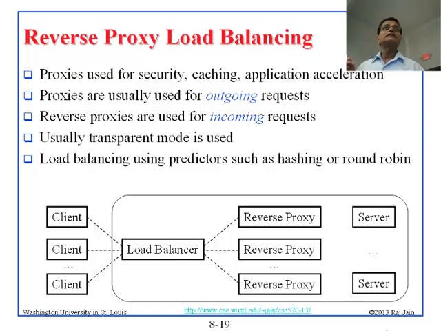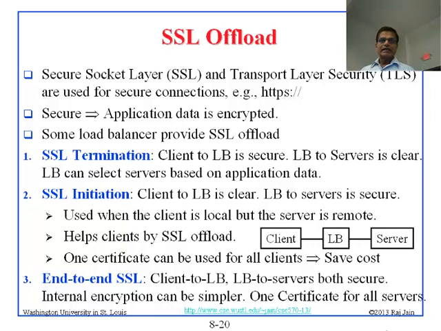Any question about this? SSL offload. SSL is secure socket layer, and another name for a similar thing is TLS, transport layer security. SSL was invented by Netscape, because in 94 people didn't know how to do secure transactions.